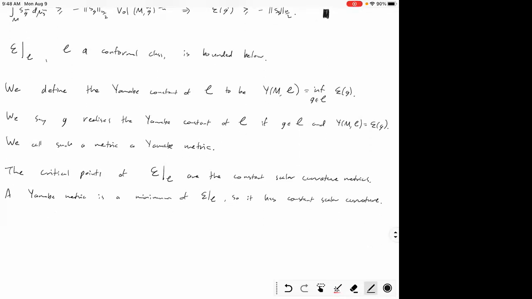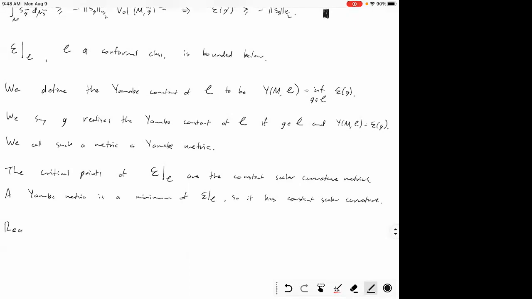Minima are in particular critical points, so they will have constant scalar curvature. So if this infimum is realized, it has to be realized by a metric whose scalar curvature is constant. The issue of constant scalar curvature metrics inside of conformal classes is a very well studied problem, called the Yamabe problem.